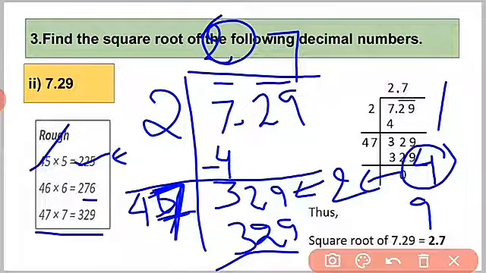And remember, there is a decimal just after 7 in the number, so we have to write the decimal just after 2. So the square root of 7.29 is 2.7.